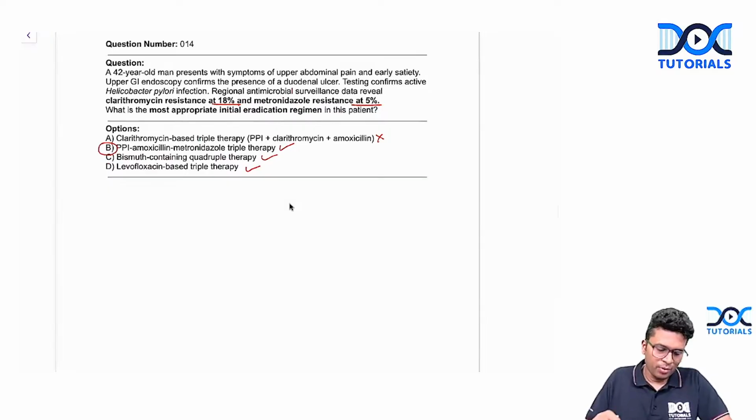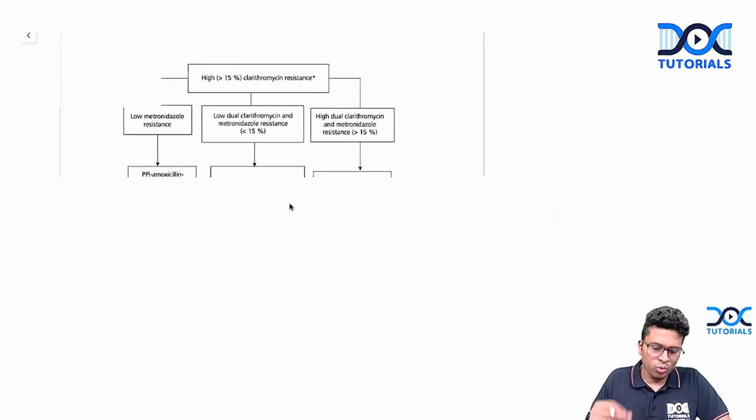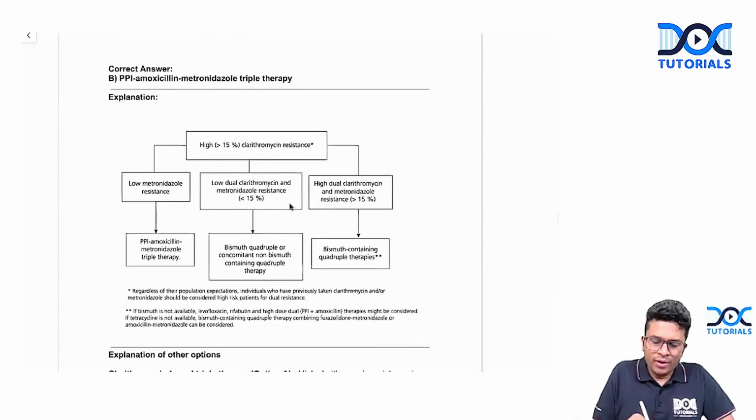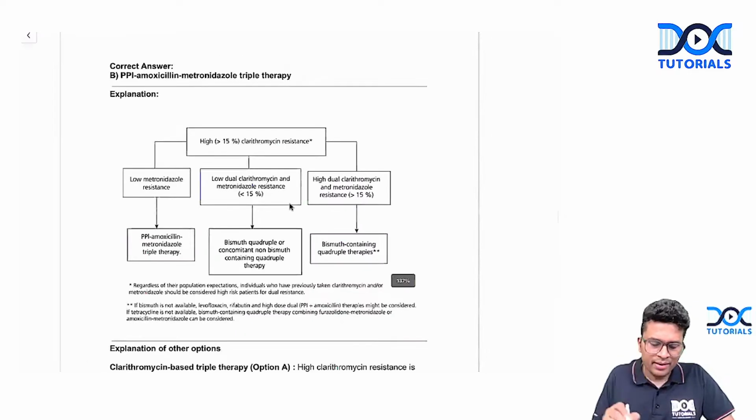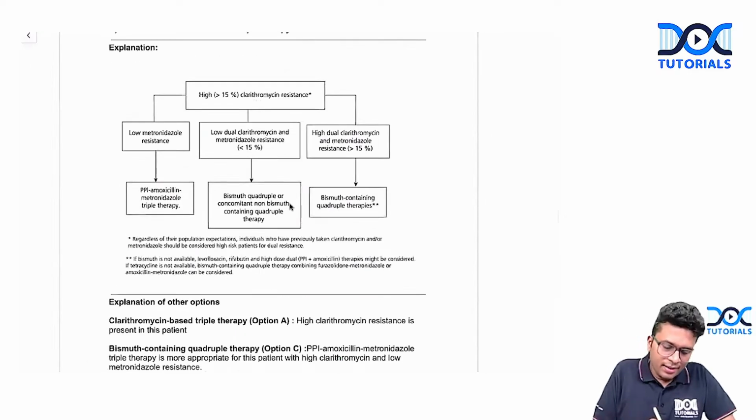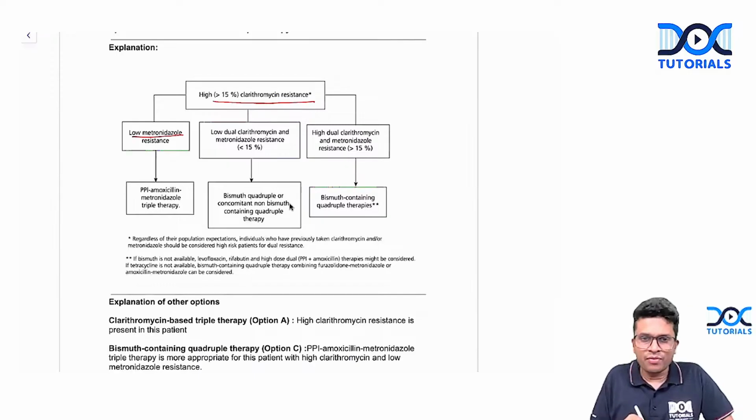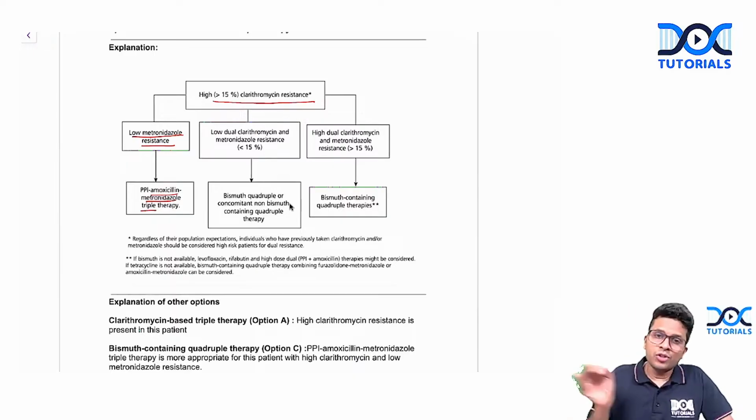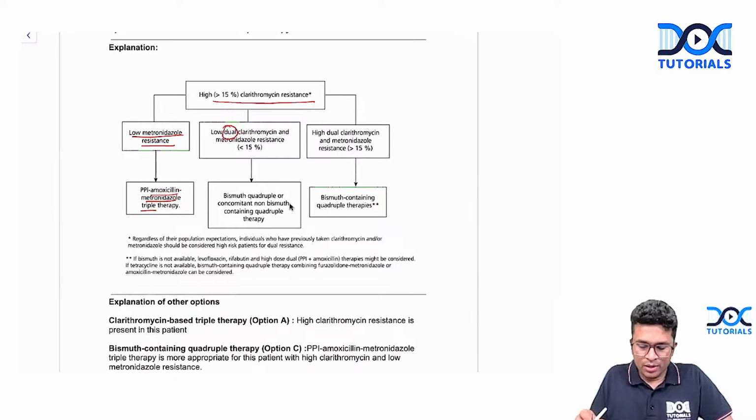Okay, so now let's look at how to approach the answer. Whenever you're dealing with high clarithromycin resistance and low metronidazole resistance, less than 5% as in this patient, amoxicillin metronidazole triple therapy is preferred. If there is dual low resistance, that is, both clarithromycin and metronidazole resistance less than 15%, you have multiple options.